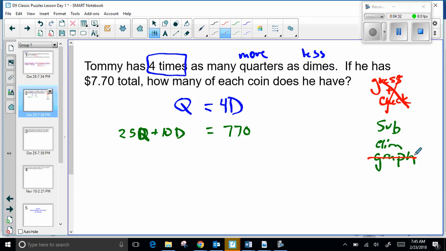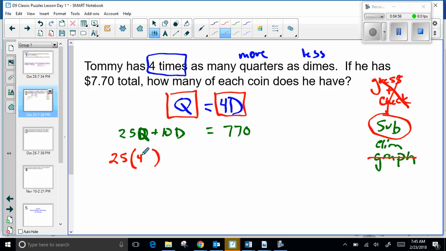Both would work, but because I have a variable already by itself, that leads me to think substitution might be the way to go. So because Q is already set up to be equal to 4D, it means I can come down here to my other equation, and anywhere I see a Q, I can replace it with 4D. So that's what I'm going to do. 25 times, instead of Q, I'm going to put in 4D, plus 10D equals 770.